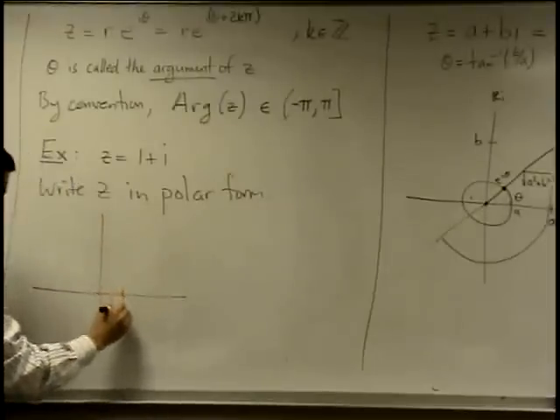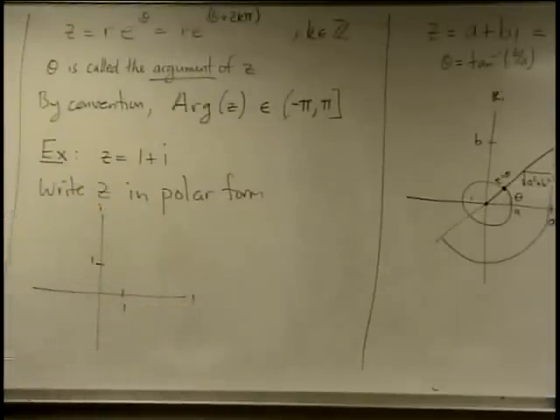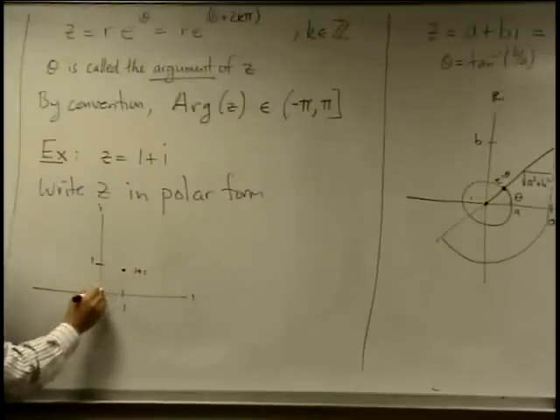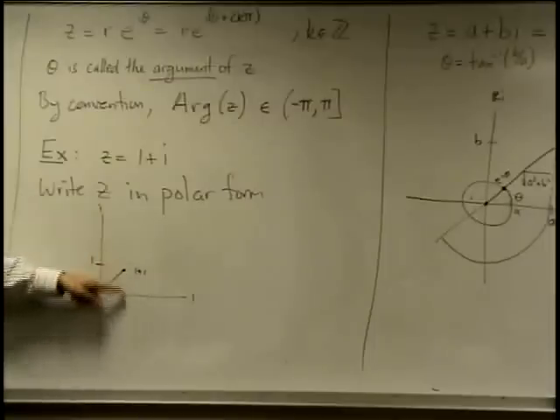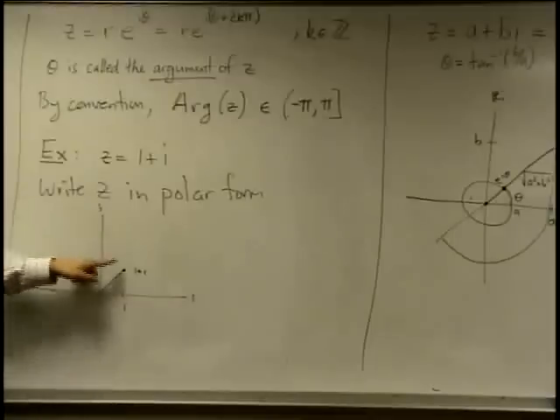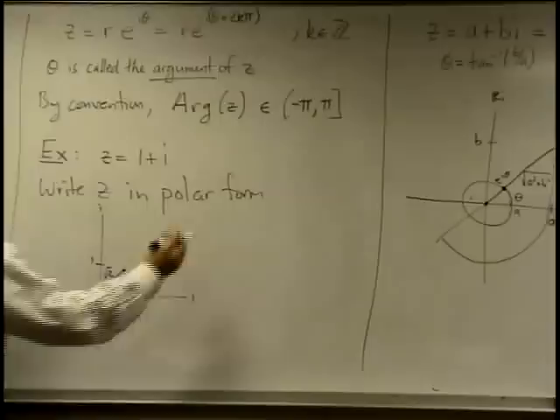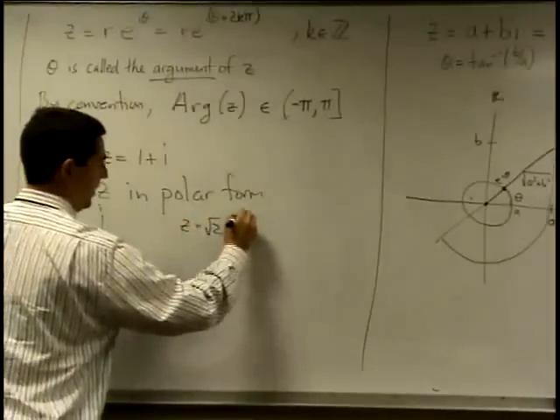So 1 and 1. There's your i-axis, there's your real axis. So I draw 1 plus i. Of course, this is just a triangle with side lengths 1 and 1, so the hypotenuse is root 2. So z equals root 2 times e to the i.